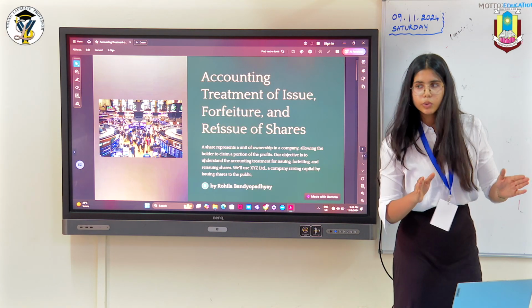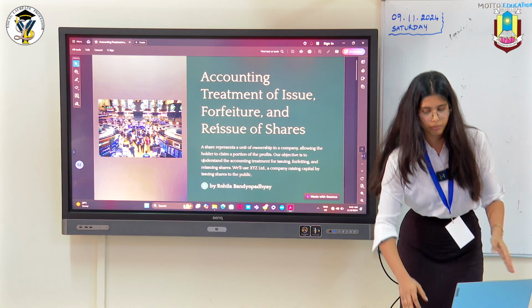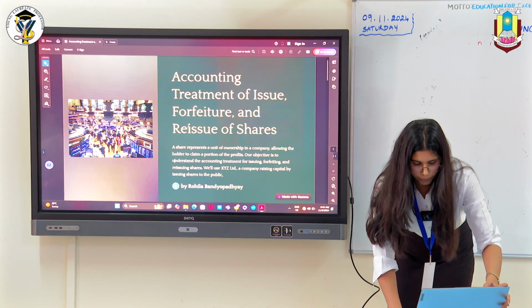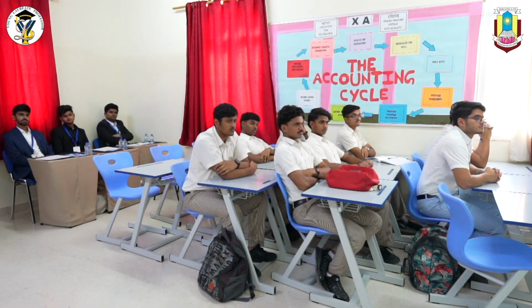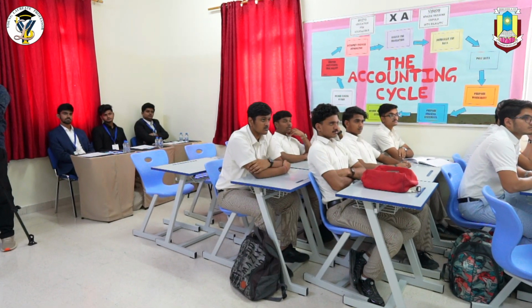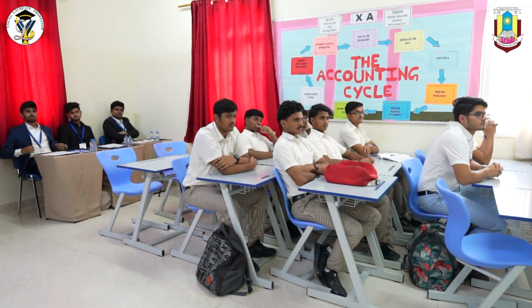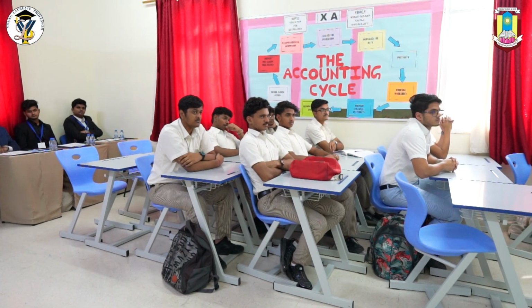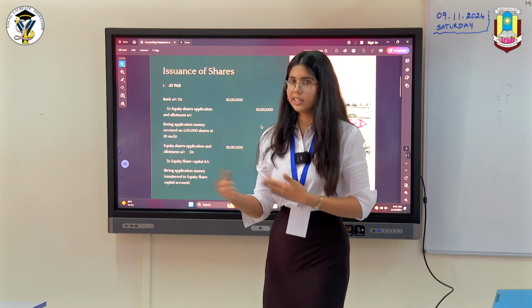Now we have understood what shares are and why we issue them. Now let's understand the issue of shares. When a company is issuing shares, they can issue shares either payable at lump sum or in installments.